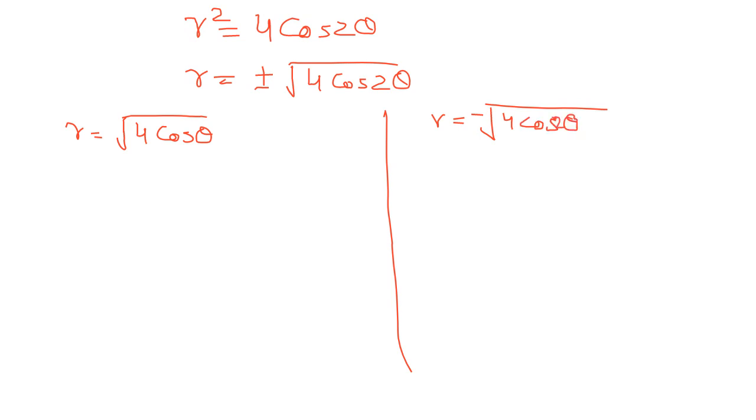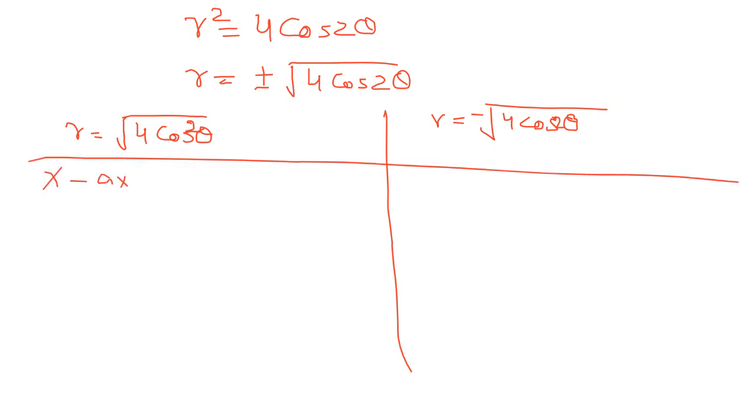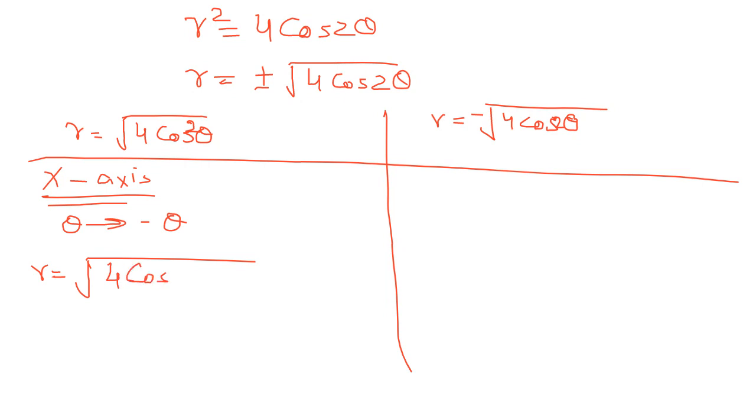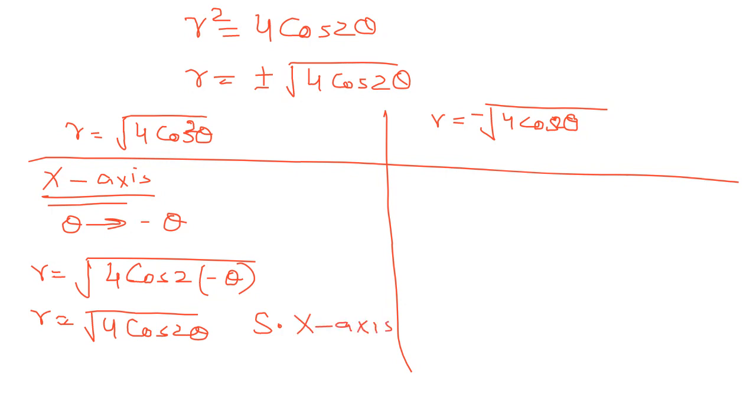Now we have to check for x-axis. As you have told, replace theta with minus theta. So r is equal to square root of 4 into cosine of 2 into minus theta, which is 4 into cosine of 2 theta. So it is symmetric along x-axis.